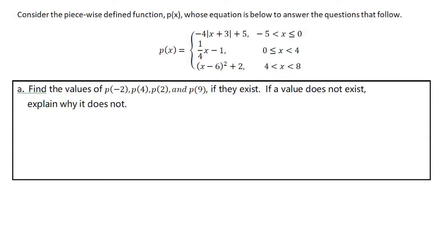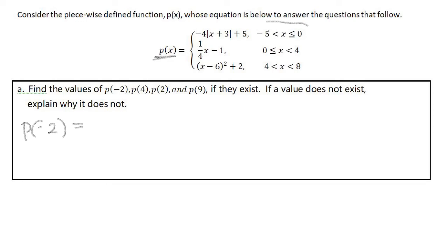All right, for your free response non-calculator portion, we had to find these values that we were given. We had to use our piecewise function. So let's go through and look at what would be the value of p at -2. Well, what interval would -2 fall into?